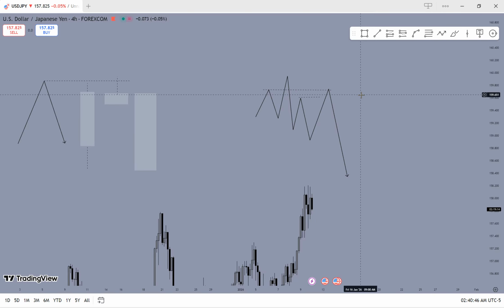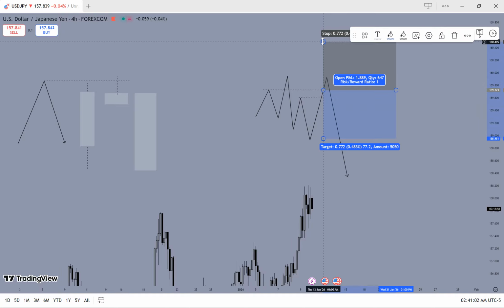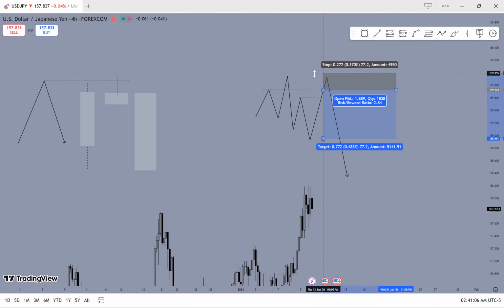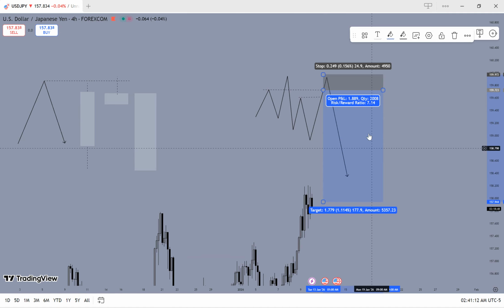In scenarios where there is no Quasimodo level, we can also have our other levels right here, or this even extreme level. Then we enter from here, or you can also enter from this Quasimodo level and extend your stop loss to cover the extreme high like this. You get, and to the downside, you get something like this.